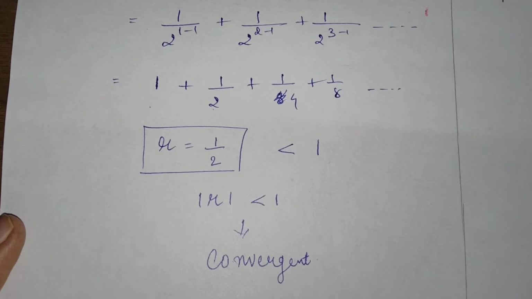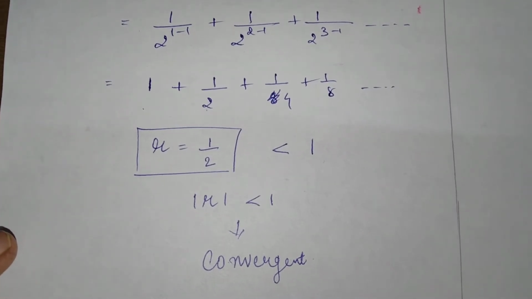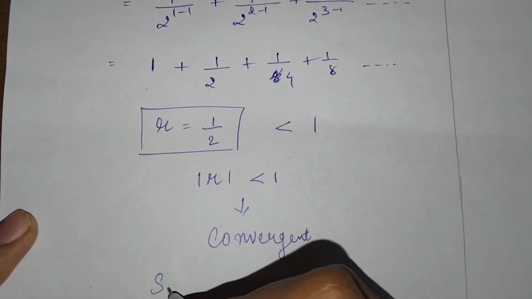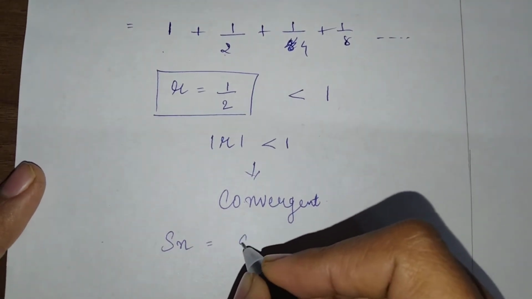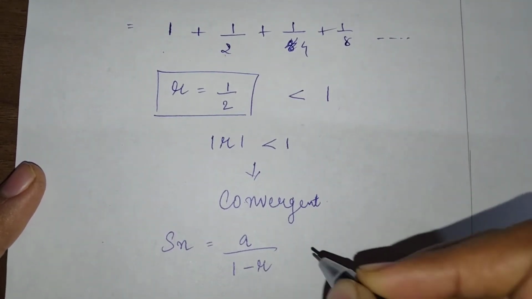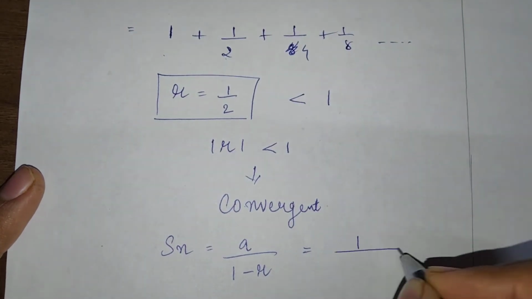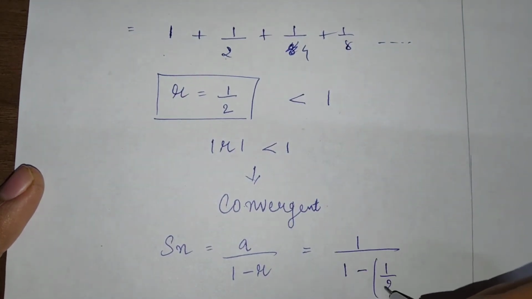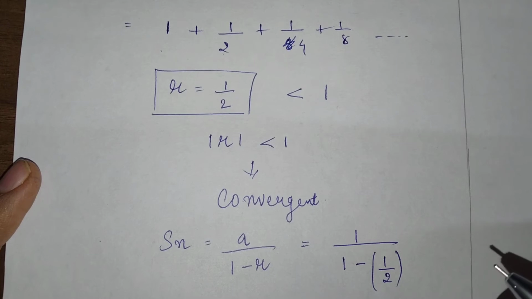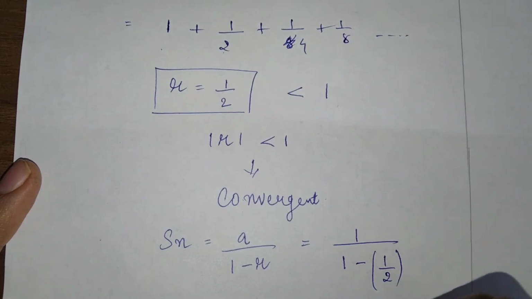And again if we want to find the sum of the series, then we can find it according to the formula a upon 1 minus r. So again a is here 1, so 1 upon 1 minus 1 by 2, and if you solve it you will get 2.